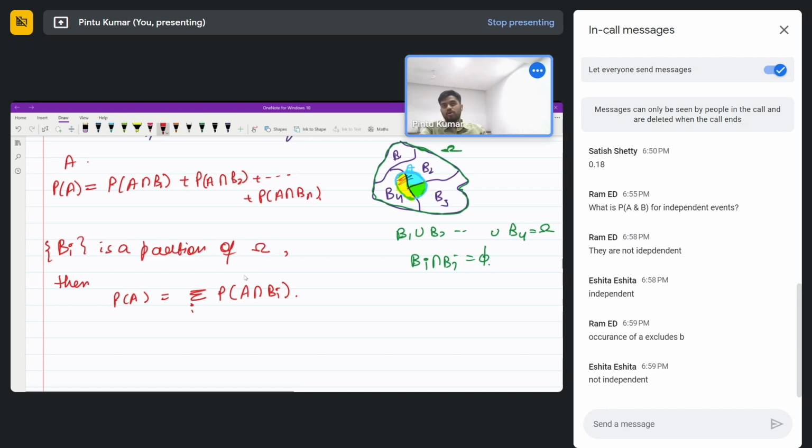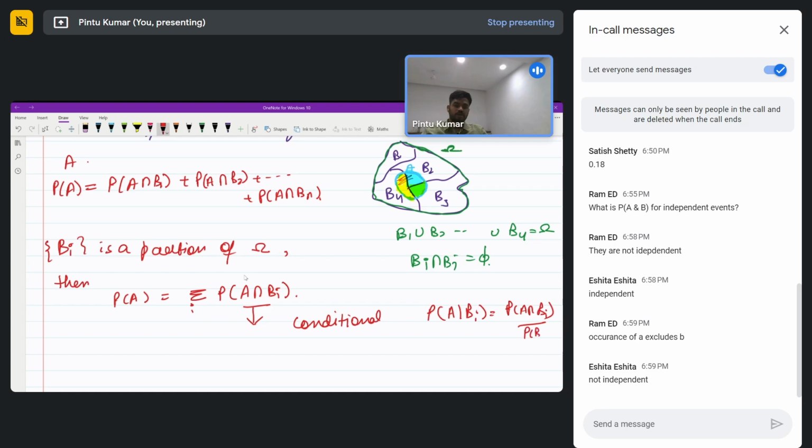Now we want to extend this theorem in terms of conditional probability. We know that probability of A given Bi is probability of A intersection Bi divided by probability of Bi. If we take this denominator to the other side, we can replace this by summation over i of probability of A given Bi into probability of Bi.